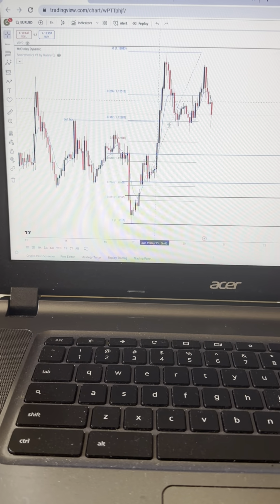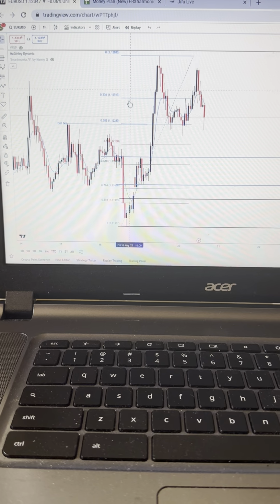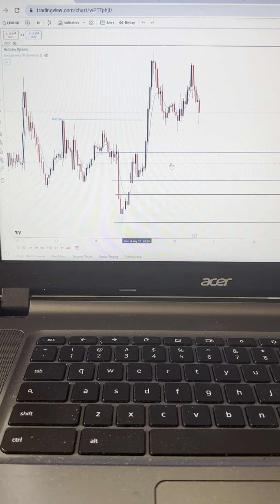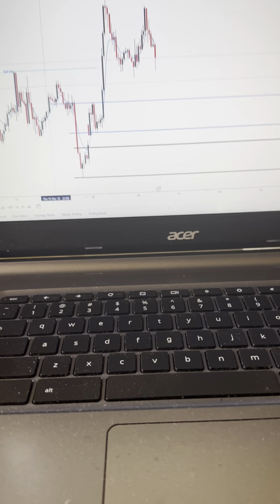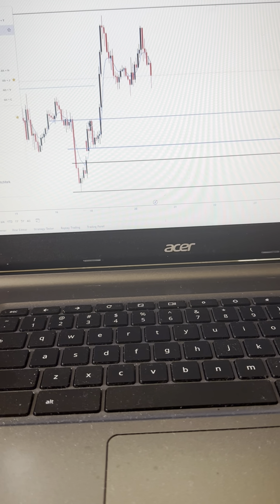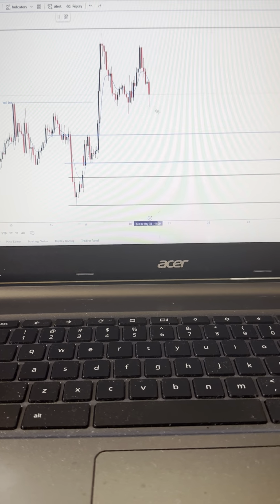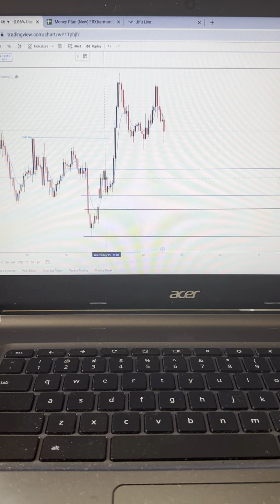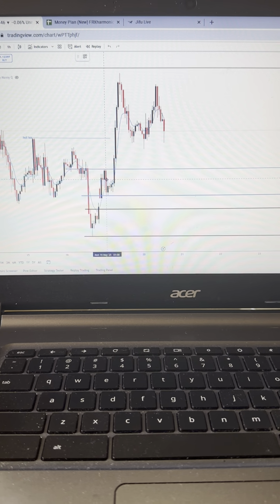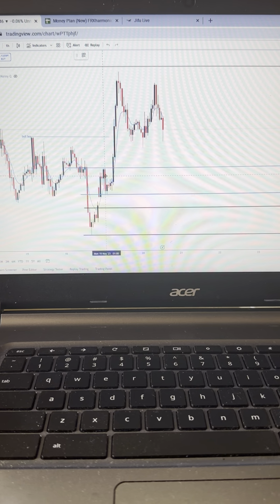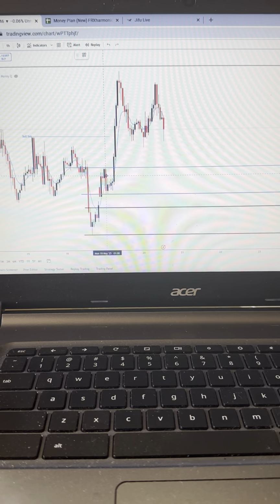But this is EU. I'm looking for a reaction out of this zone. Let's just place some visual of what we're looking for. Ooh, and we got a nice 900 area right here.